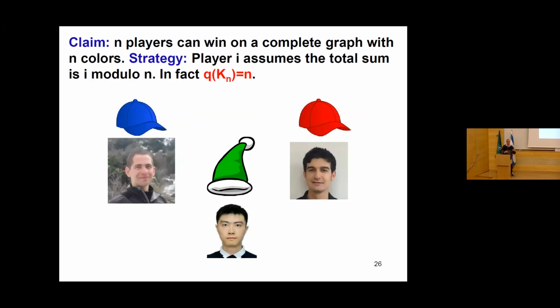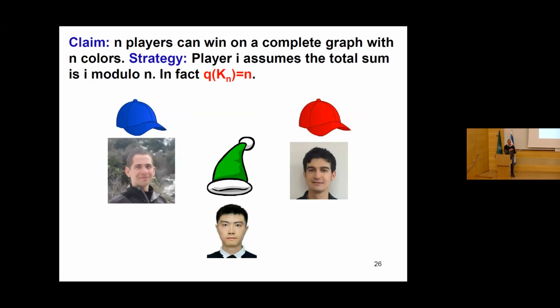And this starts with a known puzzle. So suppose we have n people, each of them has a hat on their head, and the hat can come in n possible colors, and you look at the colors of your neighbors, and then you guess the color of your hat. And as a group, the group wins if at least one of them guesses correctly.